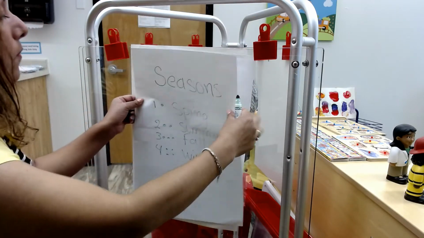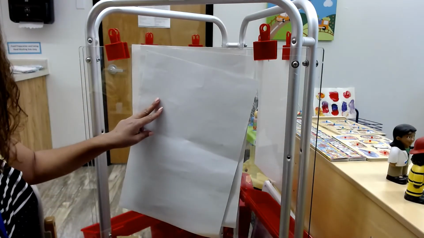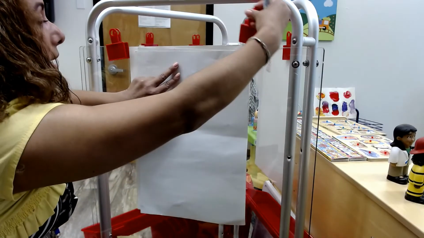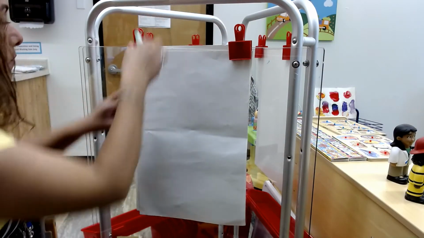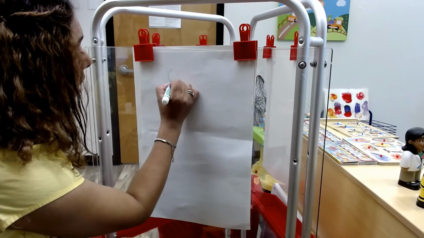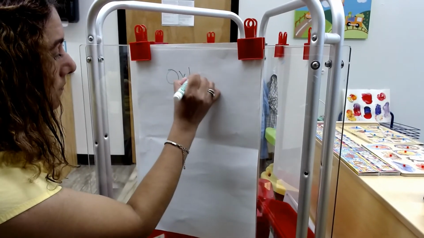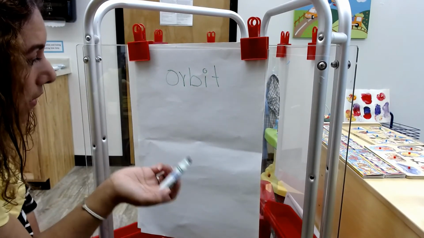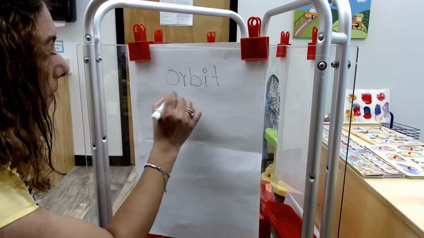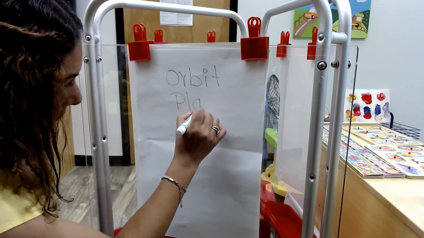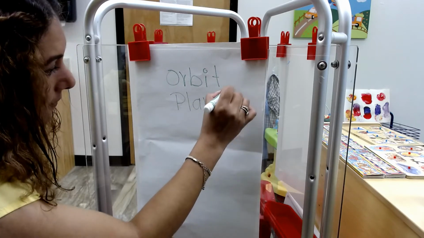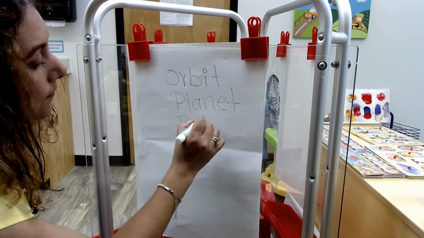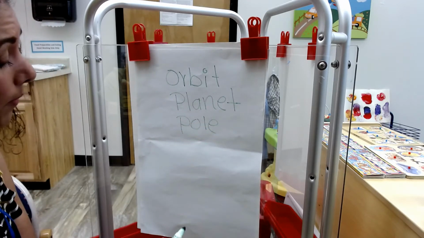So now we will understand the orbit, because we learned about the words orbit and planet. Okay, we read about orbit. What is an orbit? And we also learned about planet, and we also read about pole. Okay, what is an orbit?